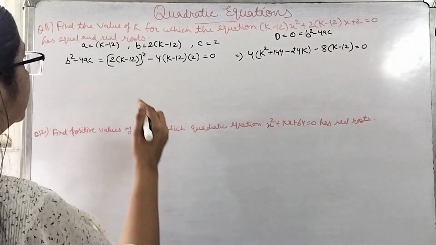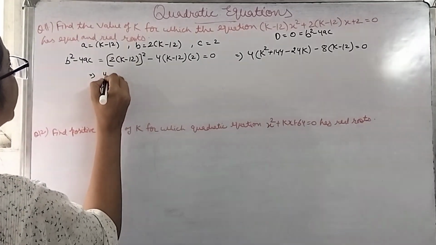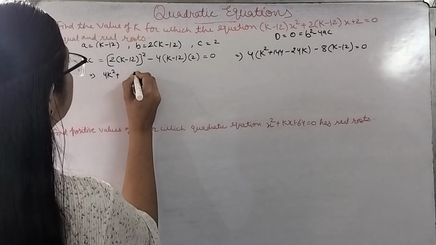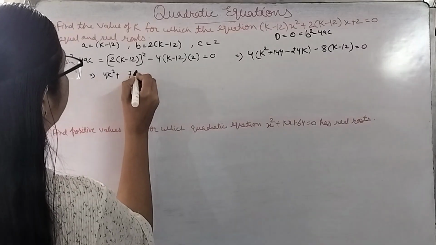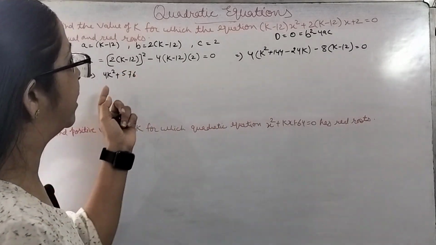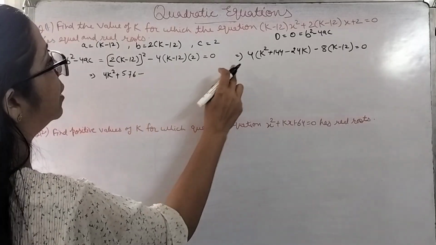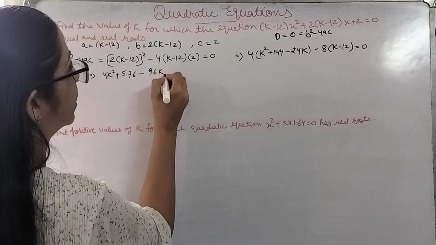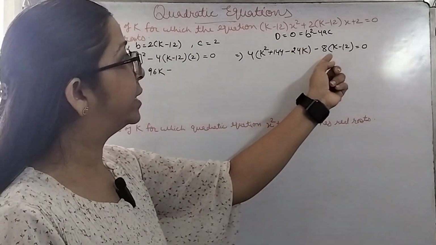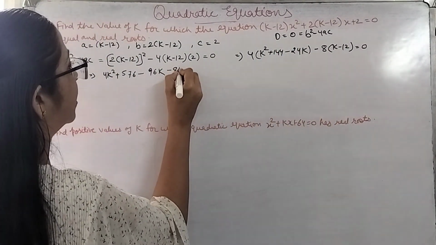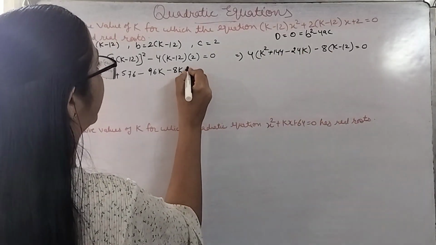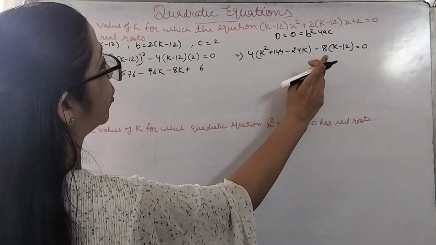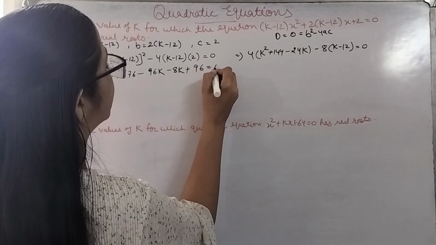Further we will be multiplying it. So this equation will become 4k square plus 4 times 144, which is 576, minus 4 times 24k, which is 96k, minus 8 multiplied by k will be 8k, minus will become plus, 12 multiplied by 8 will be 96, it is equivalent to 0.